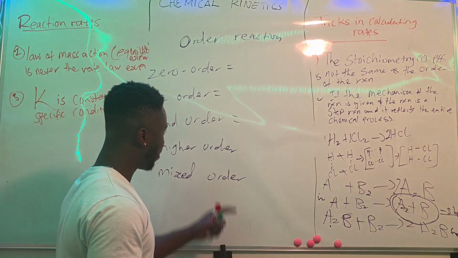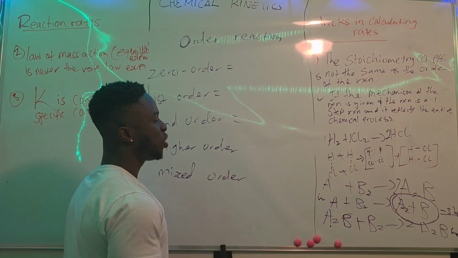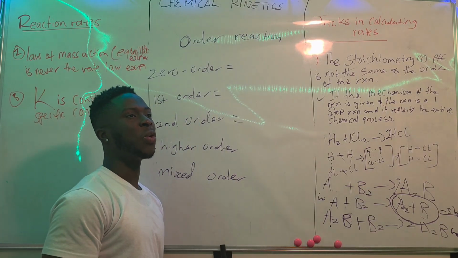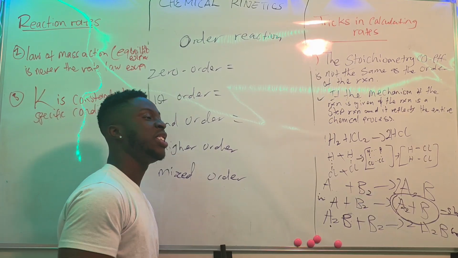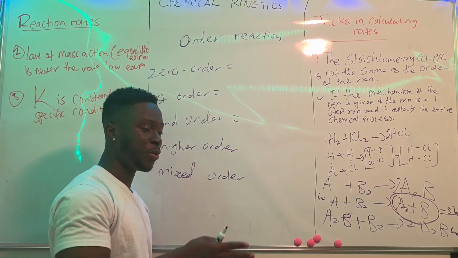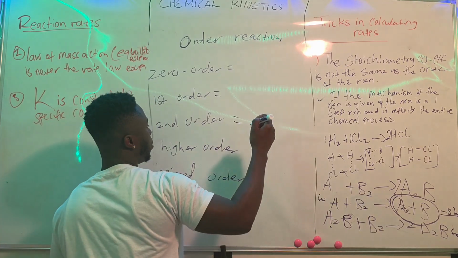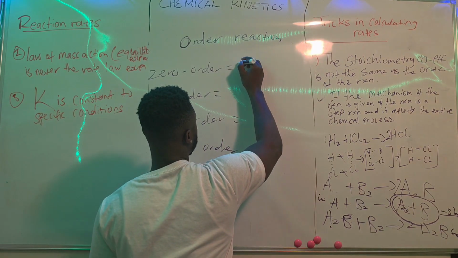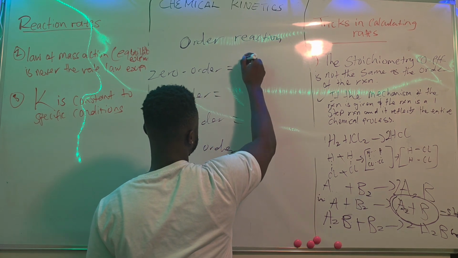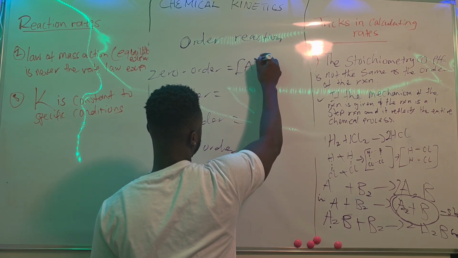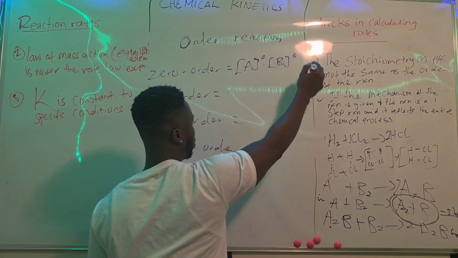First, the zero order reaction. The zero order reaction is when the overall order is zero, or the order of each of the reactants is zero. So I could say the zero order reaction will give me something like A^0, B^0.